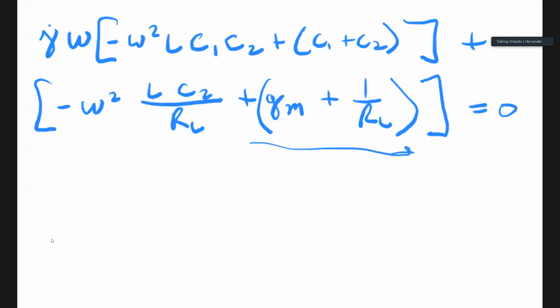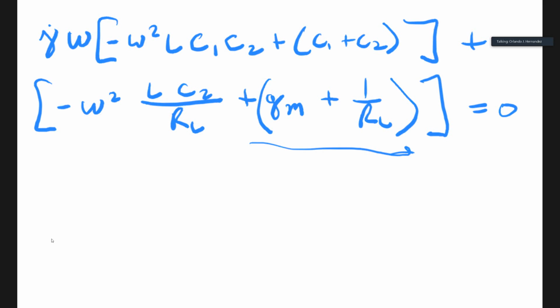The gain is GM times RL, as for a common source amplifier. Those two quantities only appear in the real part, so I don't have RL or GM in the imaginary part. So the imaginary part is the one that must give us the frequency of oscillation.